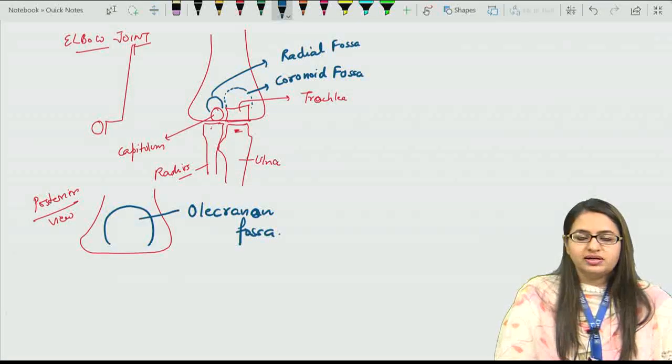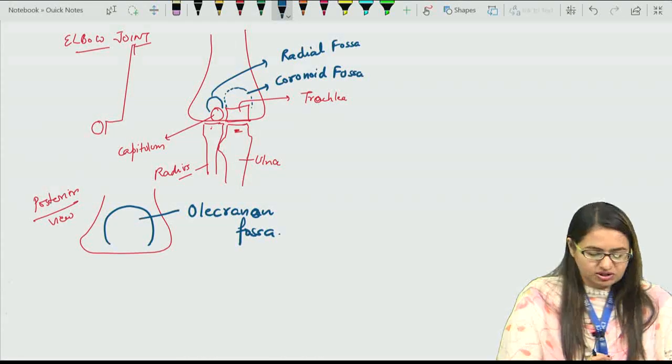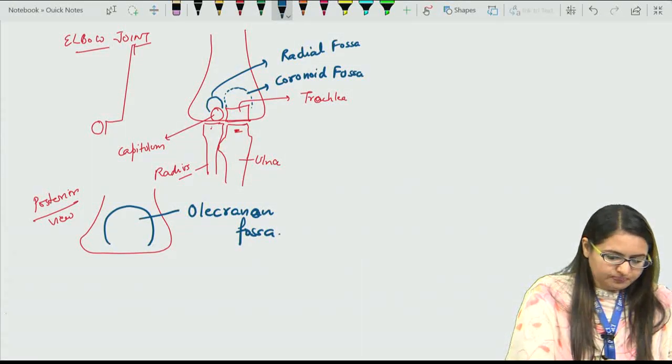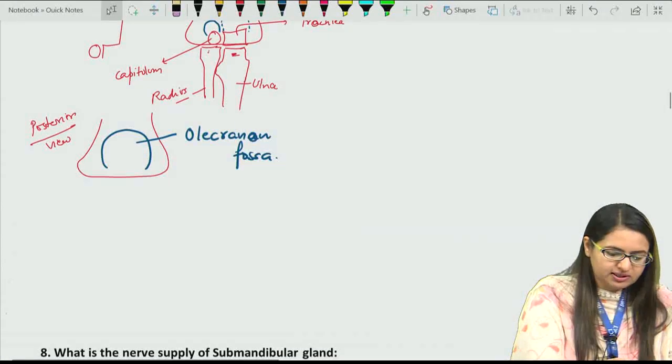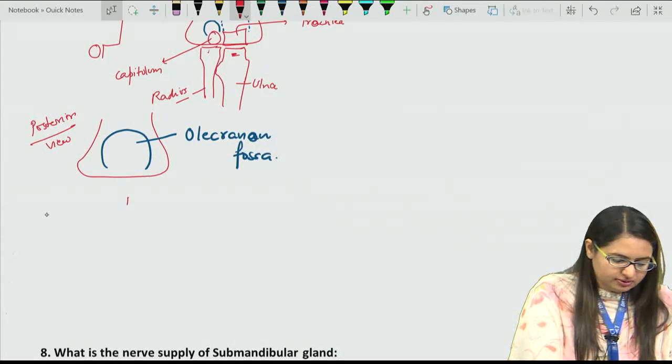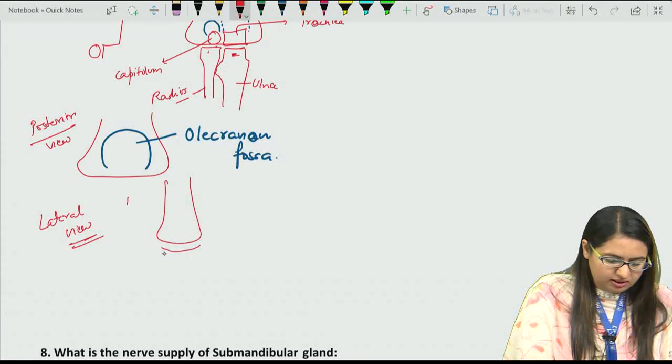The olecranon process lodges in this olecranon fossa during extension of the elbow joint. When we see the elbow joint from the lateral side, for the lateral view, this is the humerus, and we have the ulna towards the lower side.